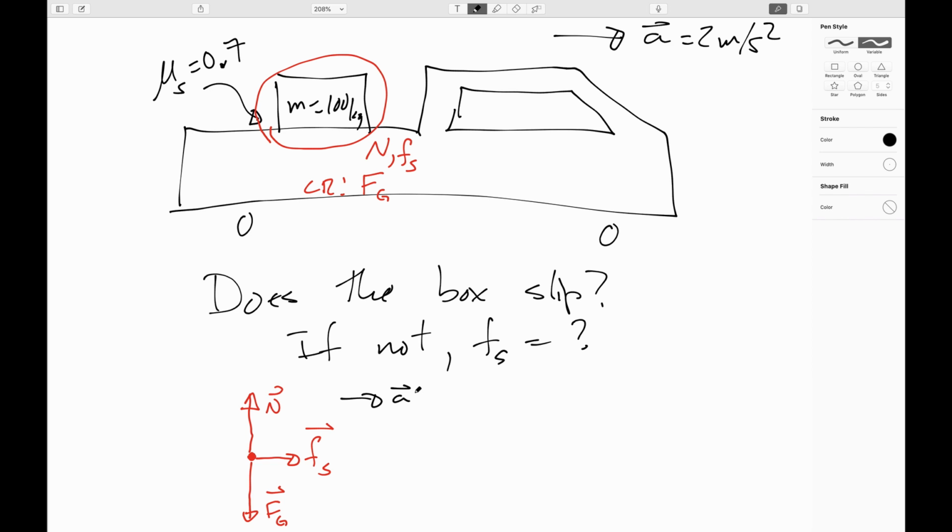So even though the crate is moving forward, it would eventually not be going forward as fast as the truck, which means that relative to the truck bed surface, the crate would be moving backwards against the truck bed surface. So we would need friction to push it forward to keep that slipping from happening.